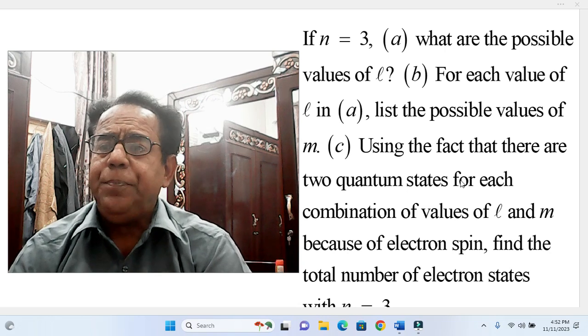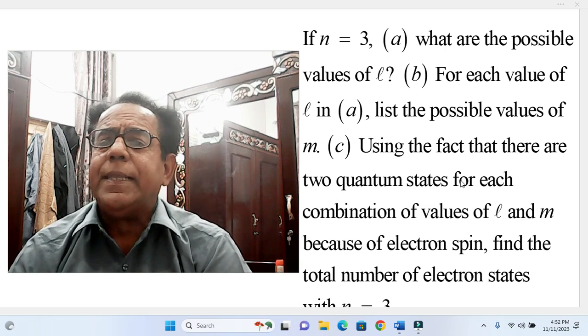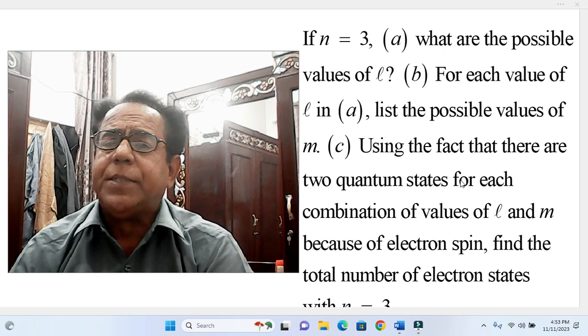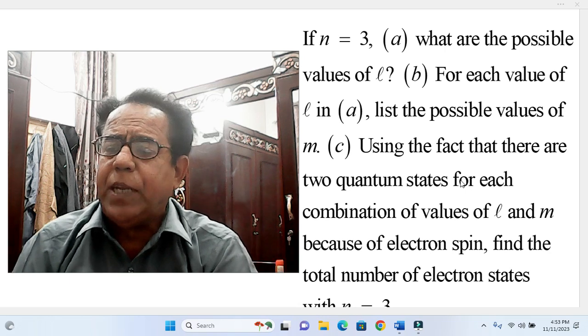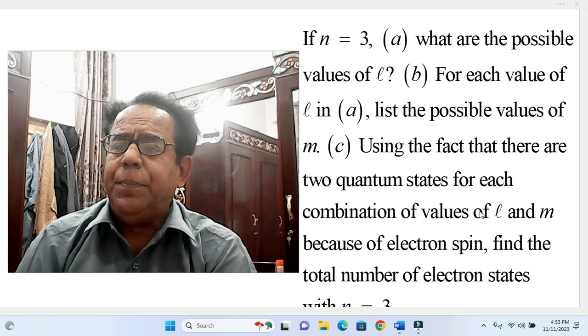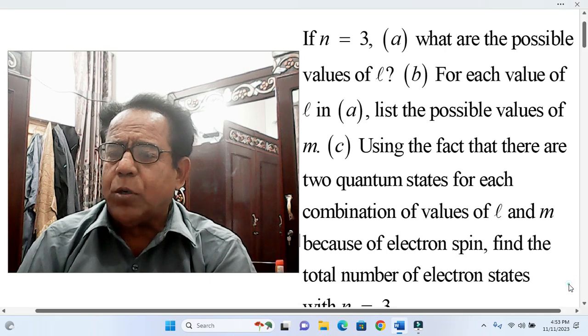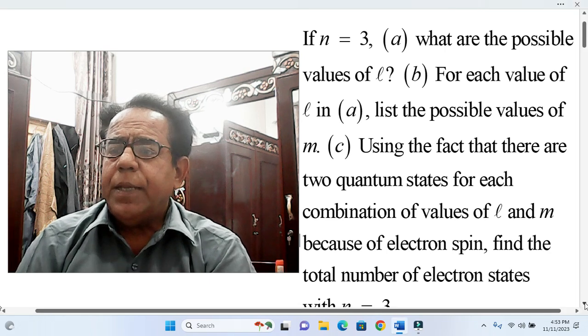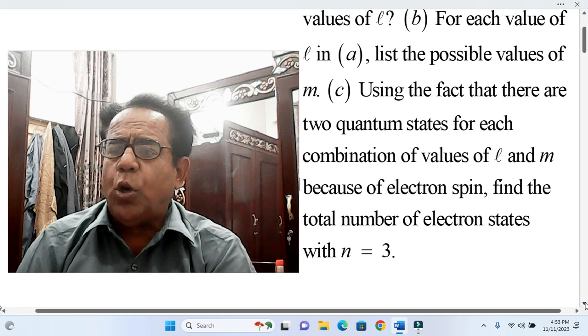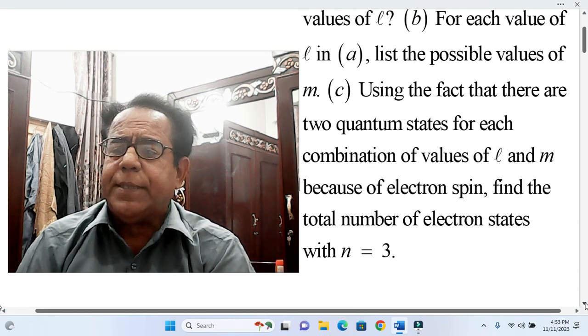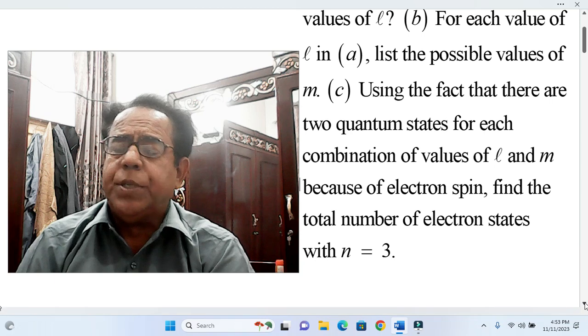Part C, using the fact that there are two quantum states for each combination of values of l and m because of the electron spin, find the total number of electron states with n equal to 3.